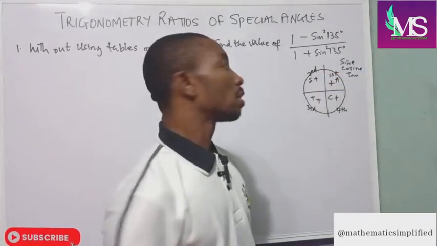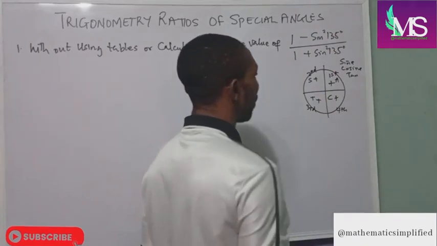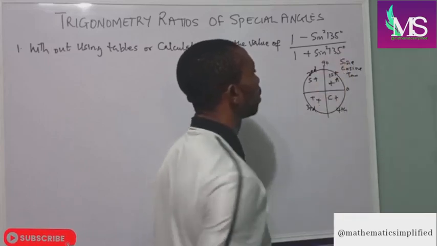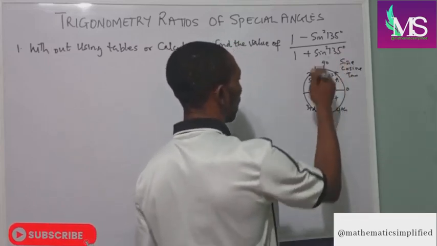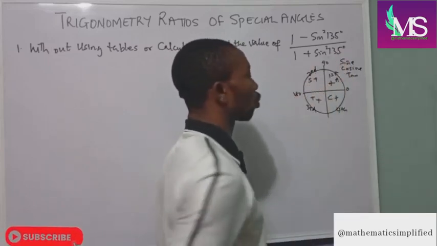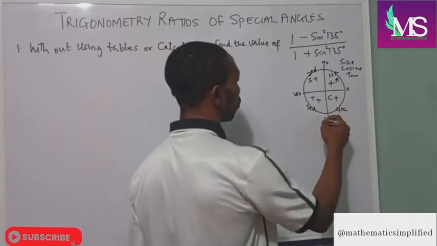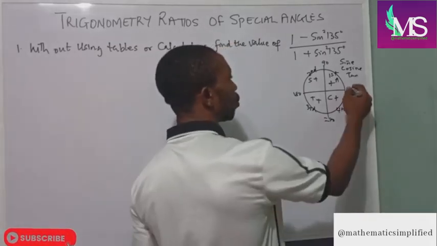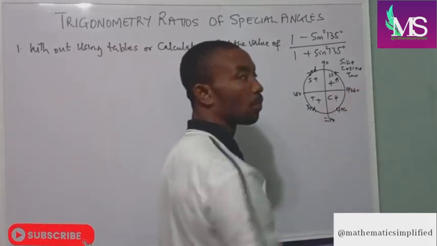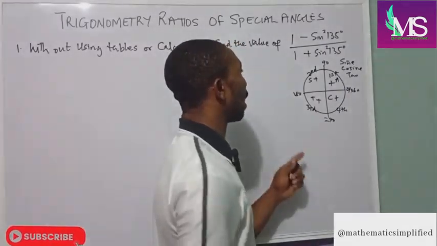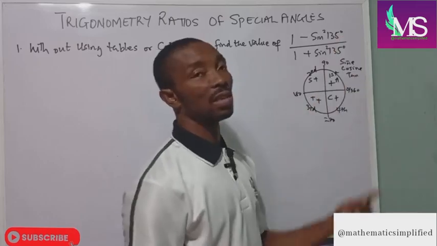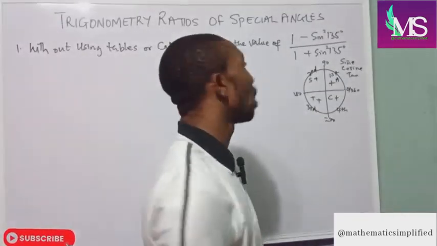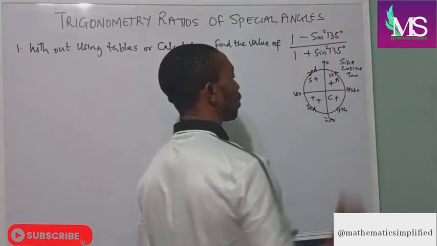Now since this is 135, bearing in mind that the first quadrant ranges from 0 to 90, the second quadrant ranges from 90 to 180, the third quadrant ranges from 180 to 270, and the fourth quadrant ranges from 270 to 360. Since 135 is in our second quadrant, we need to find the acute angle of 135.